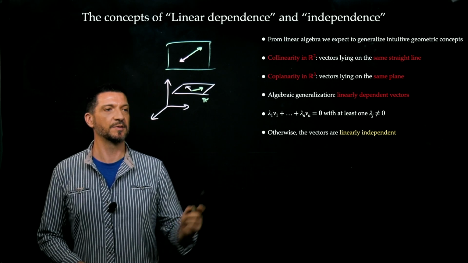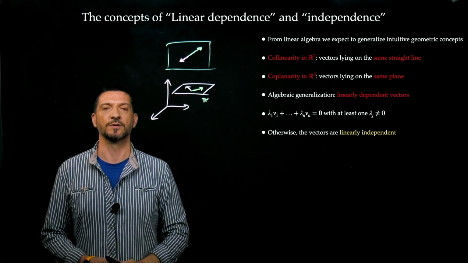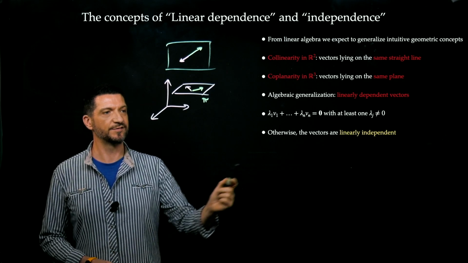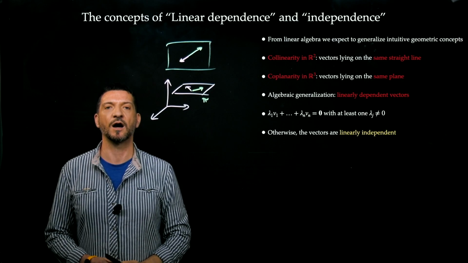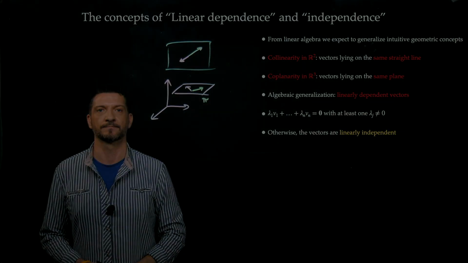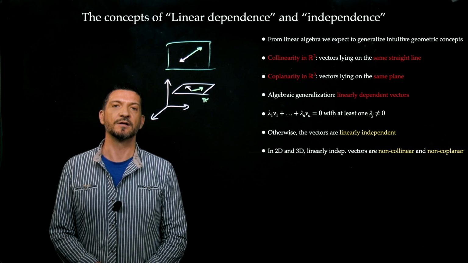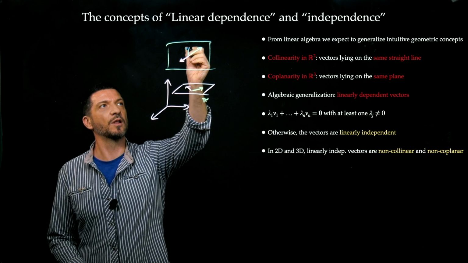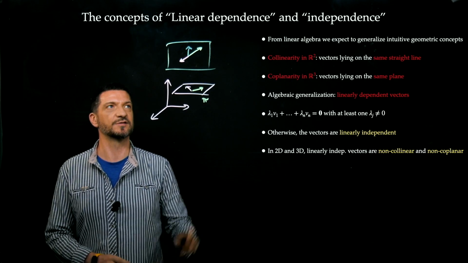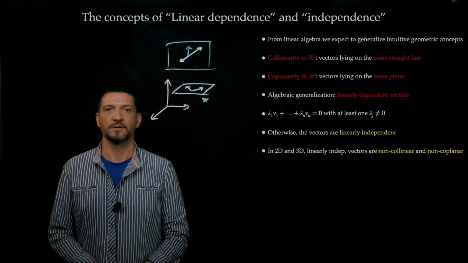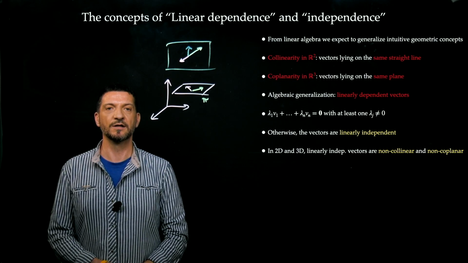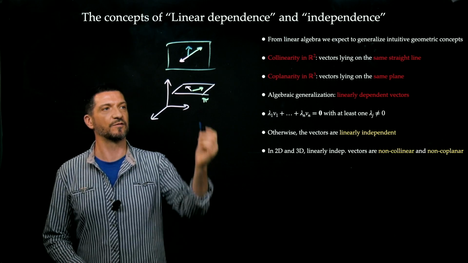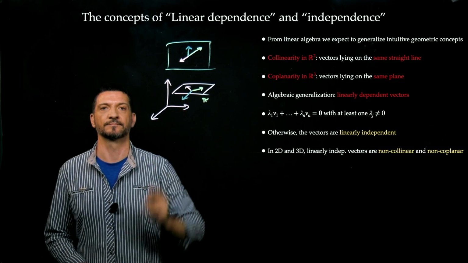If this cannot happen, that is, this equation implies that all the coefficients lambda j are 0, then we say that the vectors v1, ..., vn are linearly independent. So, in particular, linearly independent vectors in 2 dimensions are vectors that don't belong on the same straight line, for example, this one here. Instead, in 3 dimensions, linearly independent vectors are those that don't lie on the same plane, for example, this one here.